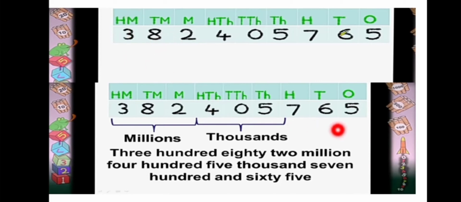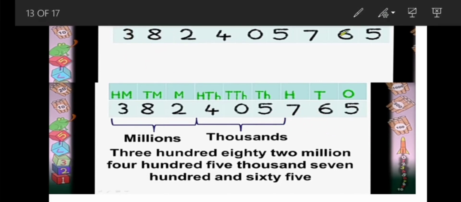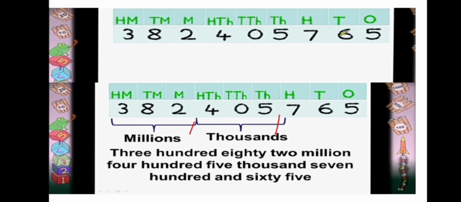Okay, and put commas properly. The first comma we put after the unit period, then the second comma after the thousand period, and the third comma, here there is no need of a third comma. Okay, so how will we read it? 382,405,765.